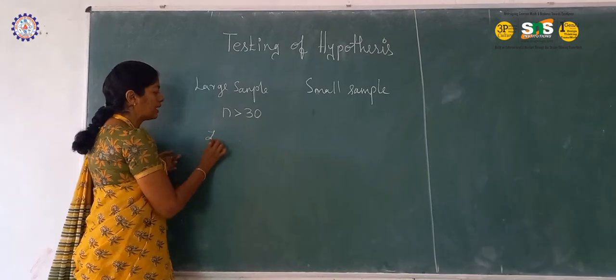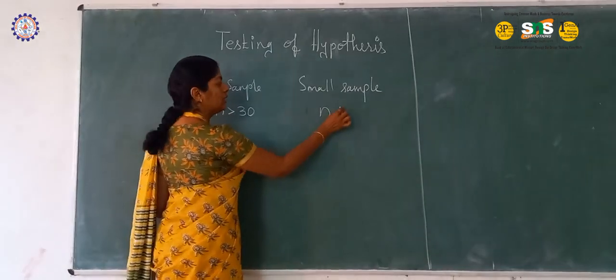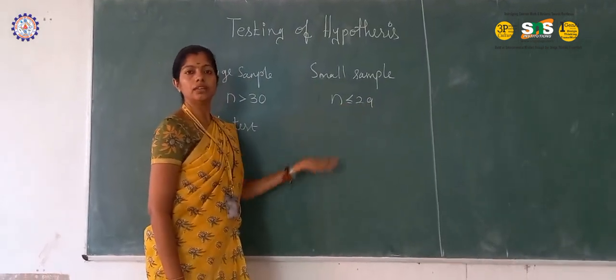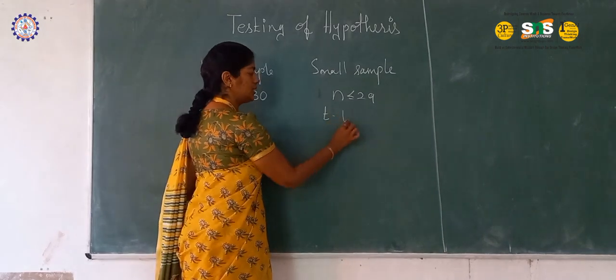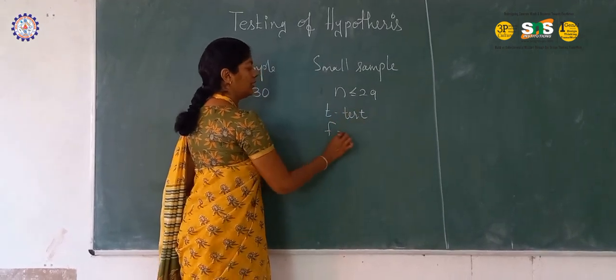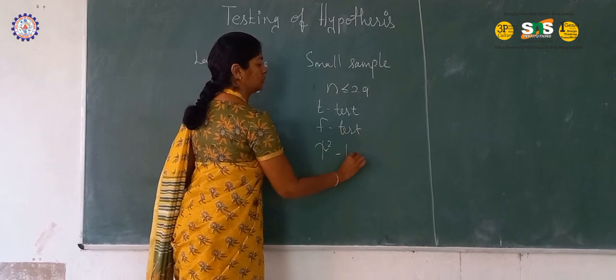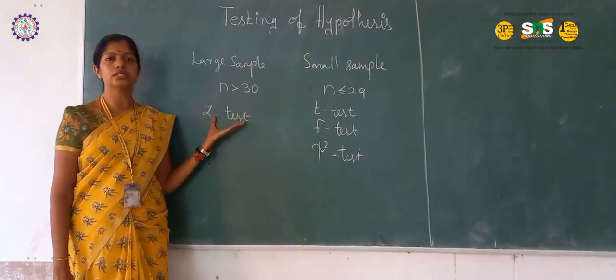In this we have the Z test. For small sample, we should have less than or equal to 29, so 29 and below comes under small sample. For this we have T test, F test, chi-square test. In this series we are going to see the Z test.